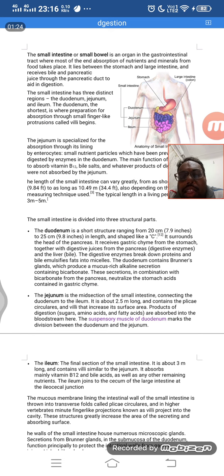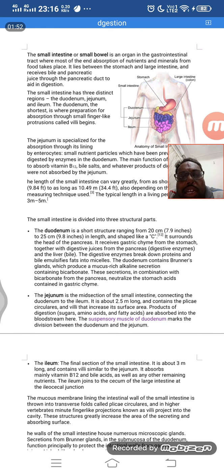The next part is the jejunum. The jejunum is about 2.5 meters long, it has a good surface area, and this is the area where maximum absorption takes place. Next is the ileum, about 3 meters in length, and it absorbs maximum B12.